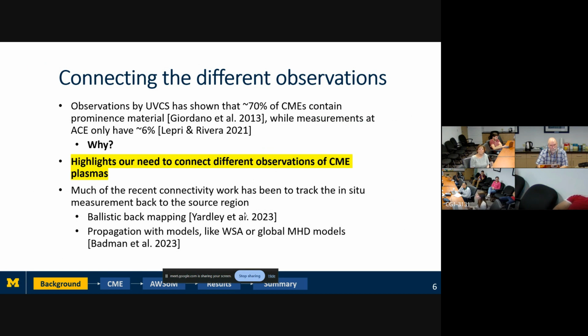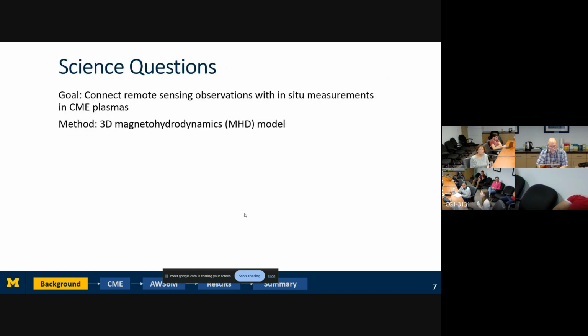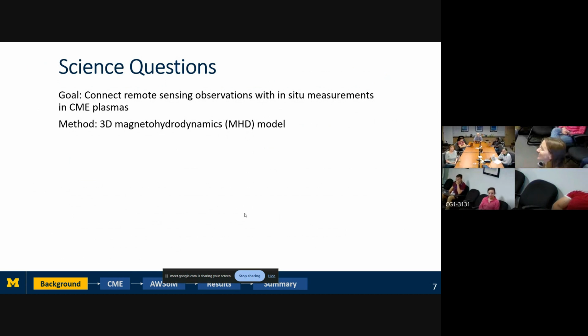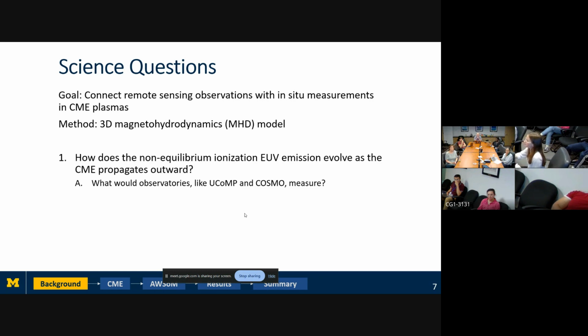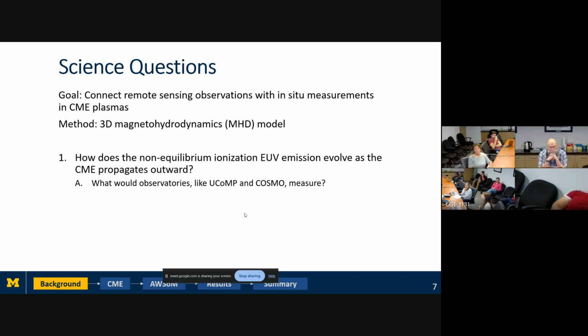So this leads to my work. As was said in the introduction, as you're probably starting to guess, my main goal is to connect remote sensing observations with in situ measurements in different CME plasmas. And I'm going to be using 3D magnetohydrodynamics, or MHD, models. And this leads to a few questions that I'm trying to answer. The first is, how does non-equilibrium ionization EUV emission evolve in the CME's evolution?